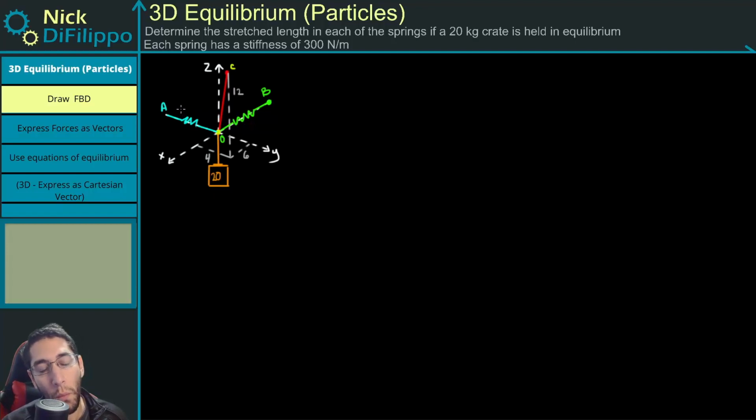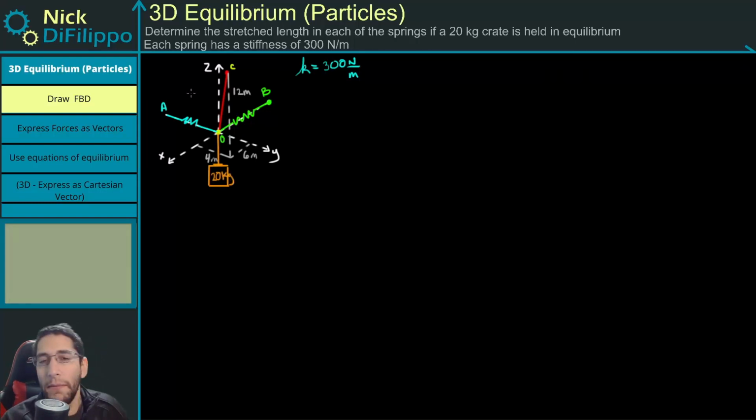What we are asked to do is figure out how far each of these springs is stretched, and we're told the spring constant K for both AO and OB is equal to 300 newtons per meter. All of these values here are in meters: 6 meters, 4 meters, 12 meters, and this is 20 kilograms.